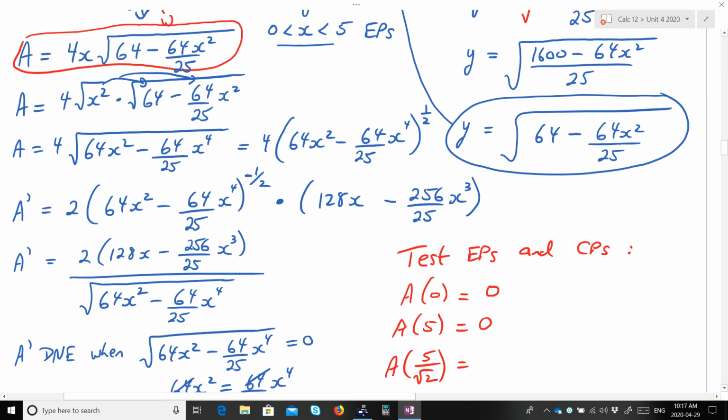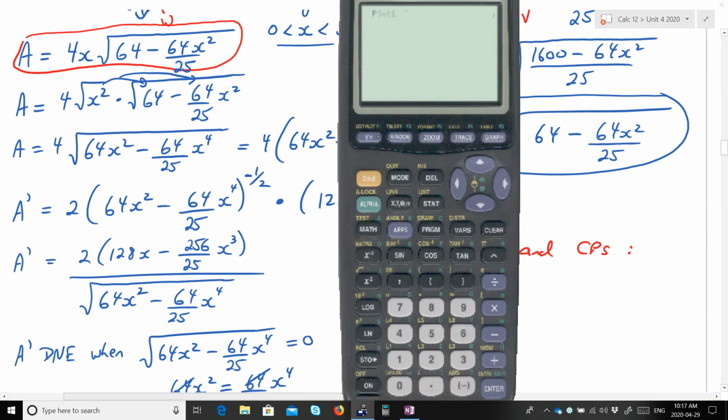Okay, so I'm going to put the area function into the calculator. It is 4x times that square root expression, 64 minus 64x squared over 25.